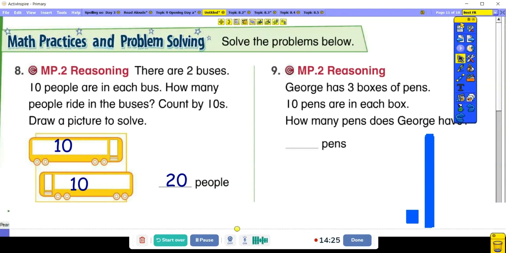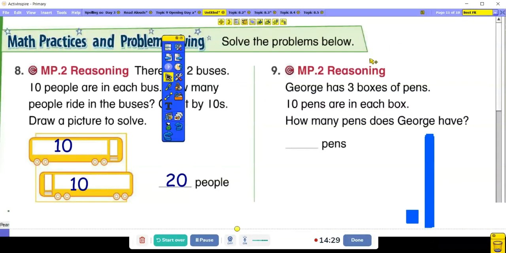Okay, moving over here. Let's move this out of the way for us. George has 3 boxes of pens, 10 in each box. How many pens does George have? So I know that he has 3 boxes, and each box is 1 group of 10.